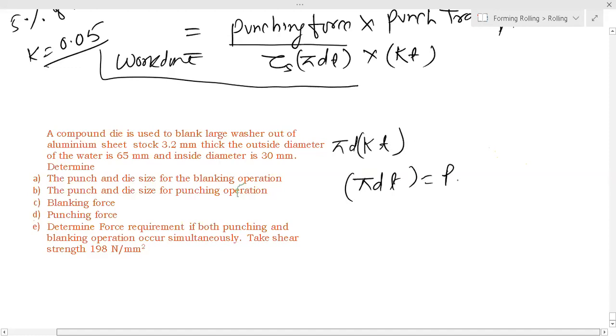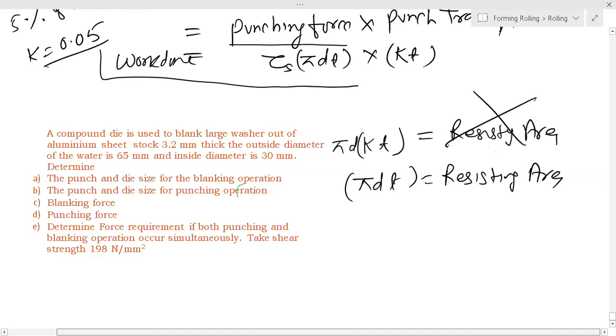This is a resisting area. This is not your resisting area. This is not your resisting area. So we always use this one, the resisting area. K t is your punch travel.